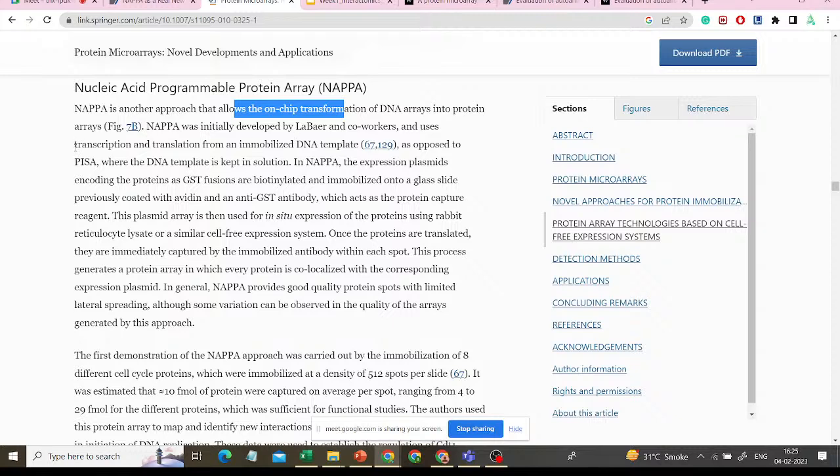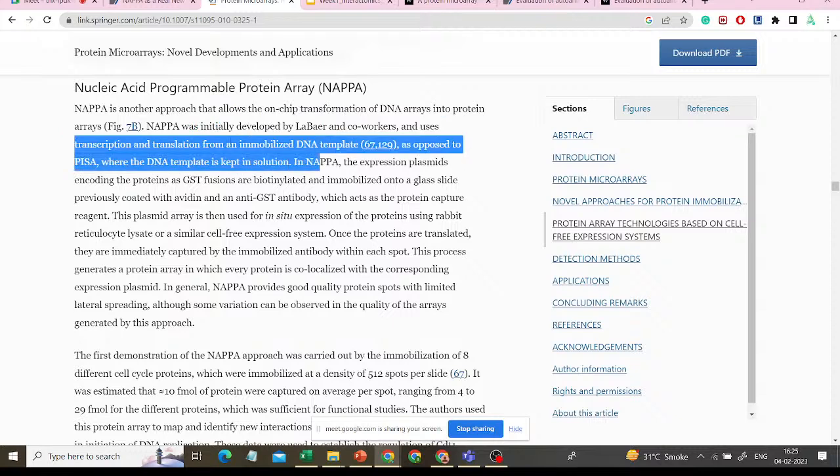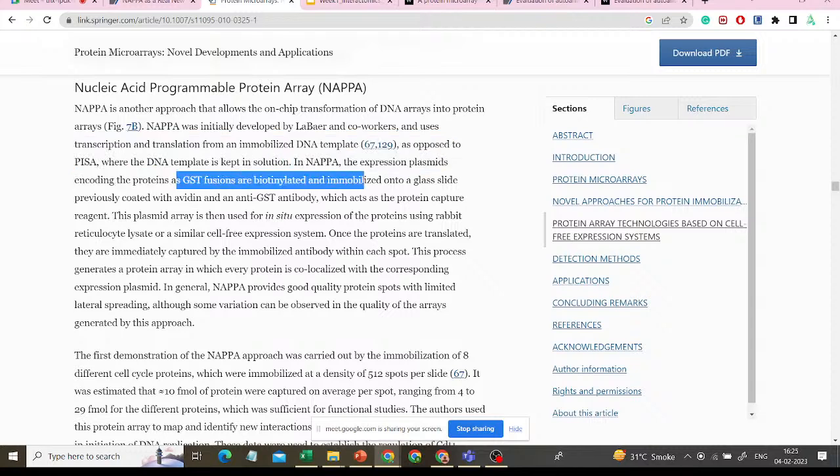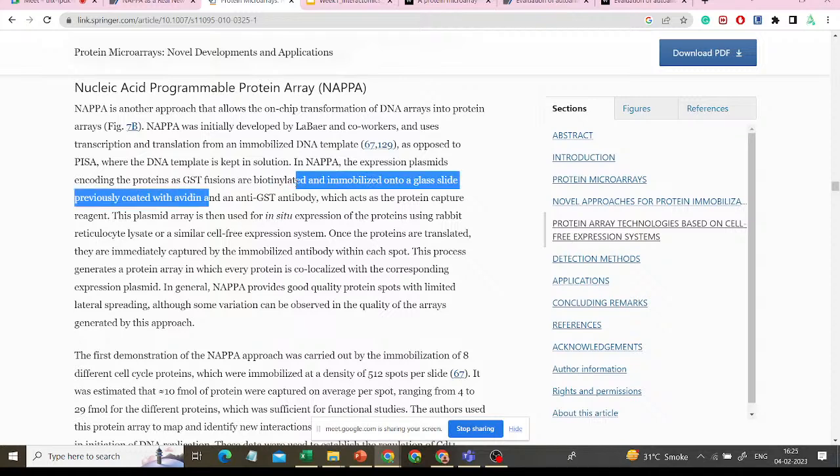So this is transcription and translation from an immobilized DNA template. In NAPA, the expression plasmids containing the proteins as GST fusions or biotin are immobilized onto the slides with avidin and anti-GST, which acts as a protein capture reagent.